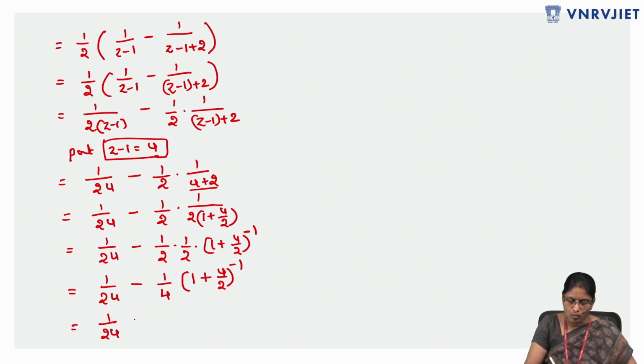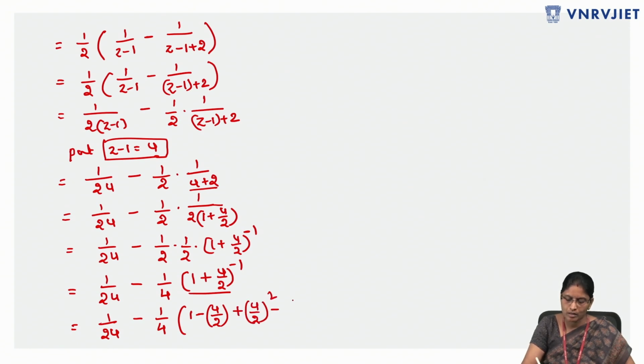Expand this one, 1 plus u by 2 whole power minus 1. The expansion is 1 minus u by 2 plus u by 2 whole square minus u by 2 whole cube and so on.